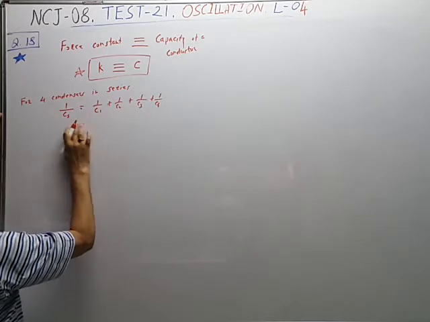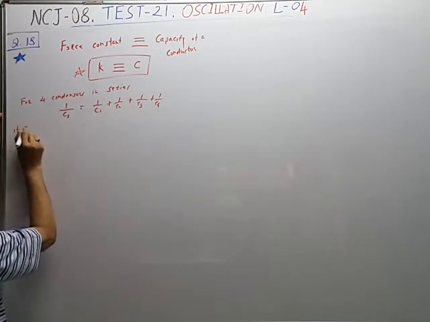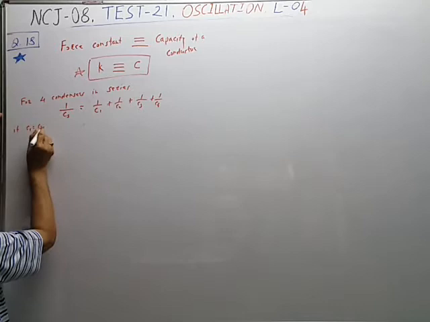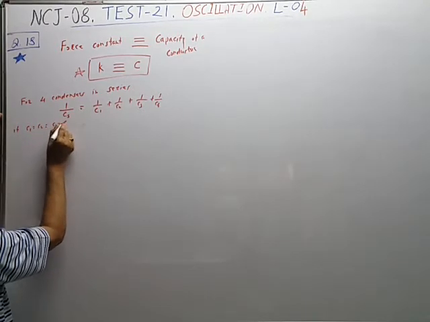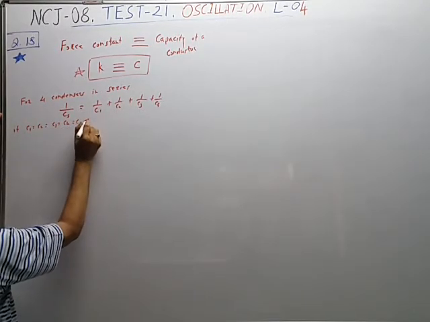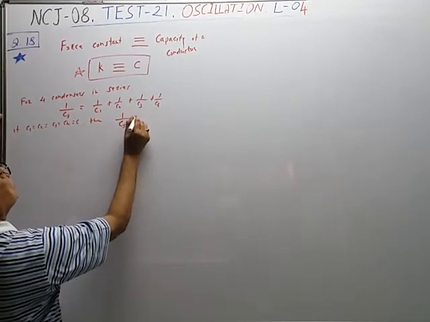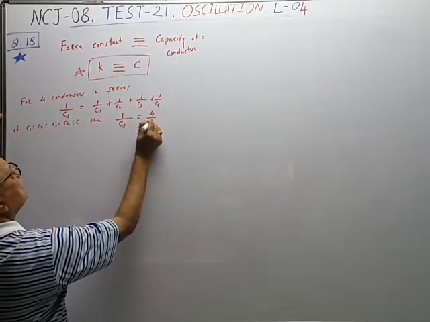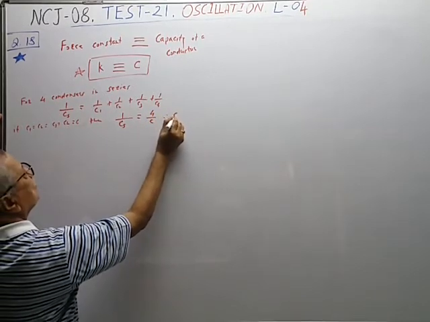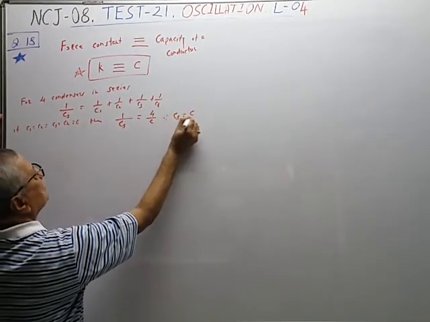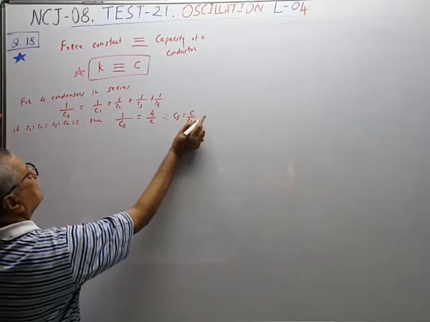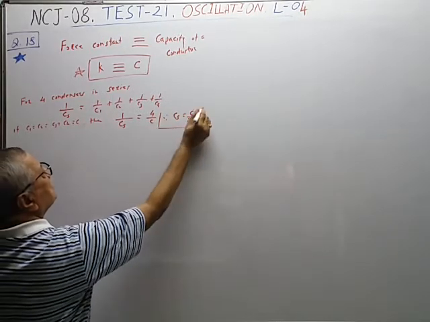If C1 is equal to C2 is equal to C3 is equal to C4 is equal to C, then 1 upon Cs is equal to 4 by C and therefore Cs is equal to C by 4. Effective capacity.